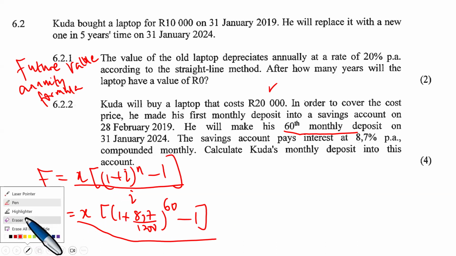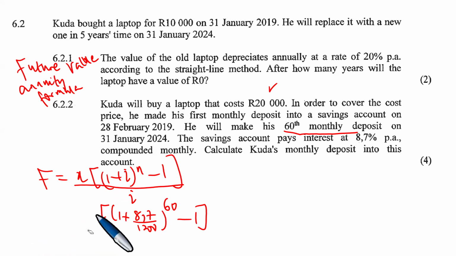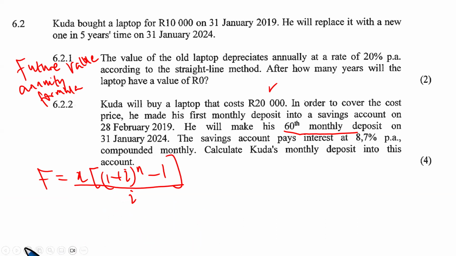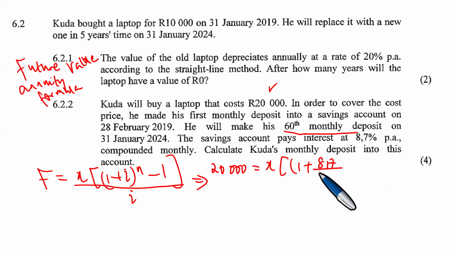Okay, let me write the whole thing here so that it can be very clear. So you'd have, therefore, that you have here the 20,000, which is X, open bracket, 1 plus 8,7. The 8,7 is a percentage, so you divide it by 100.